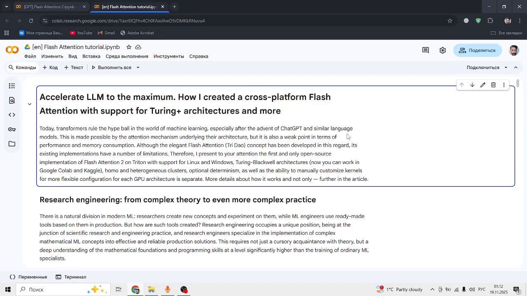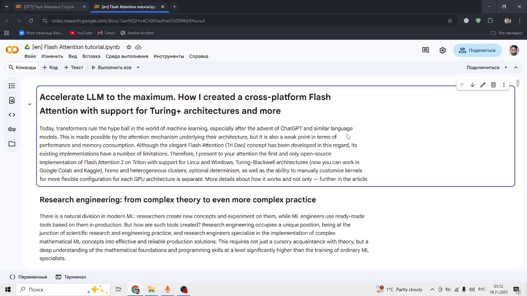This is a very cool thing because it lets us catch the long context. It helps models to understand almost everything with good quality, and so this mechanism is cool, but it has one problem. It is very slow, and also it consumes a lot of memory.